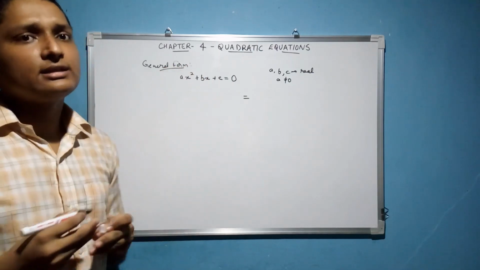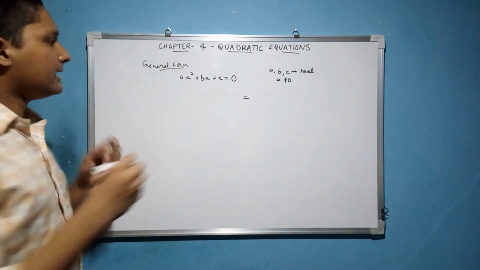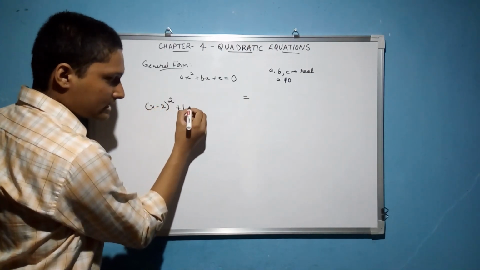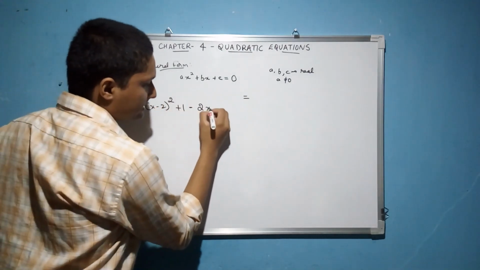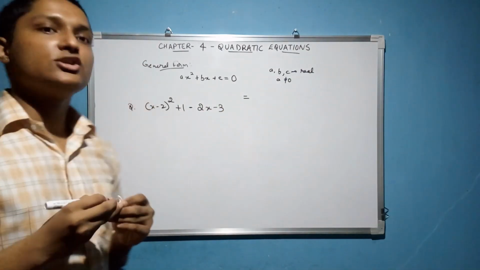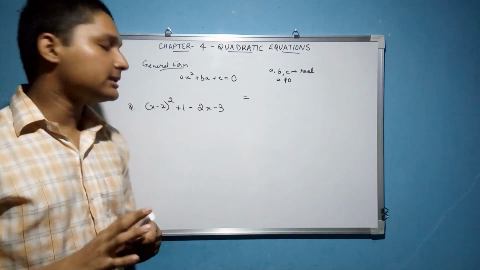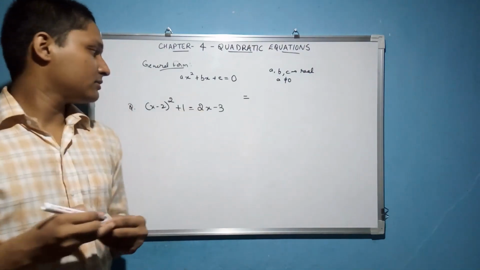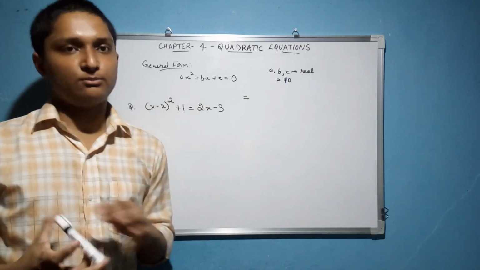Okay, so generally we may have a question like (x minus 2) whole square plus 1 is equal to 2x minus 3. In such a question you are asked to find out whether this is a quadratic equation, that is, whether it is going to be a quadratic polynomial.